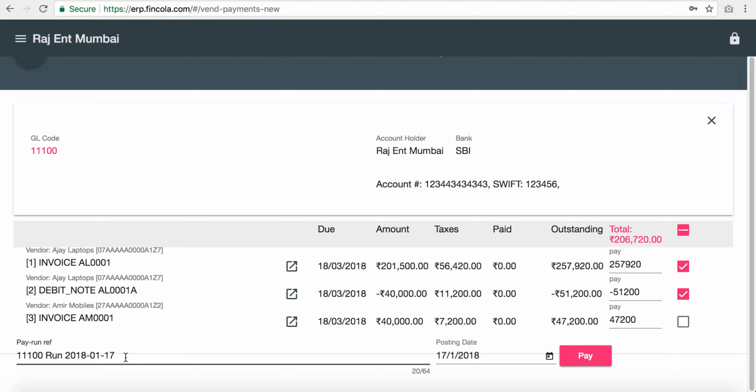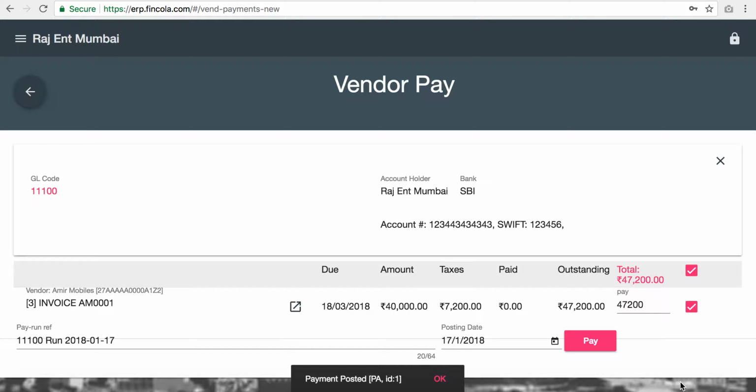This is a reference that we can add here, and when we click pay, those invoices are now paid, and this is the only invoice now left, which we can obviously pay. We can also pay it partially. For example, let's say we pay him 20,000 or 47,000.